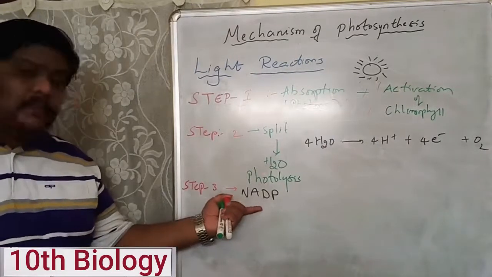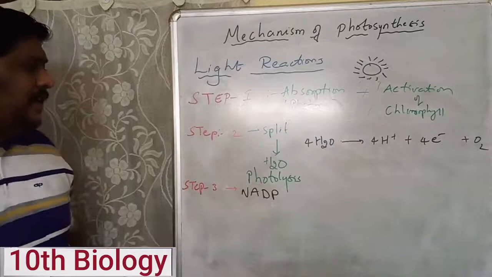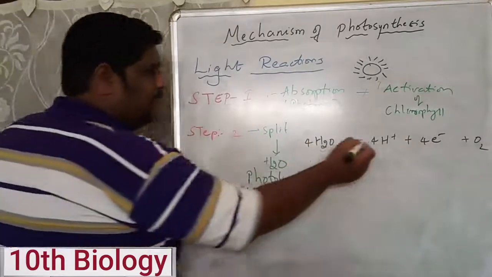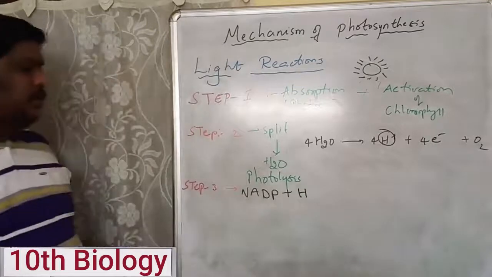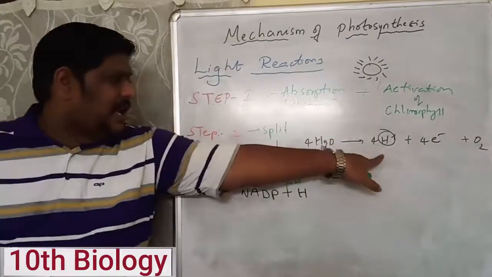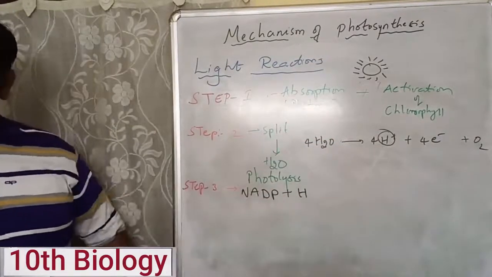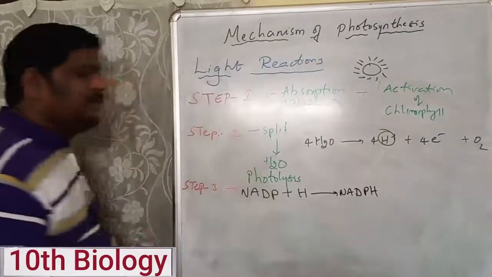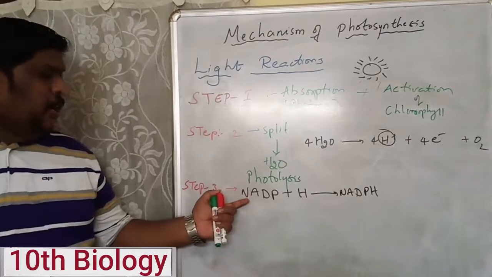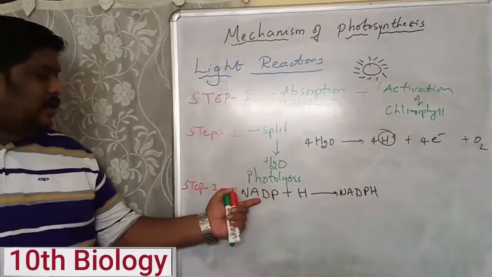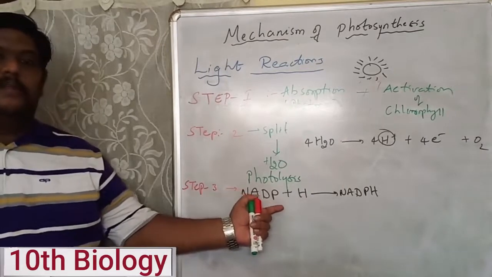So NADP will receive the hydrogens. Here we have seen the hydrogen now. So NADP will receive this hydrogen, and you know what it becomes? It becomes NADPH. NADP in the sense nicotinamide adenosine dinucleotide phosphate.